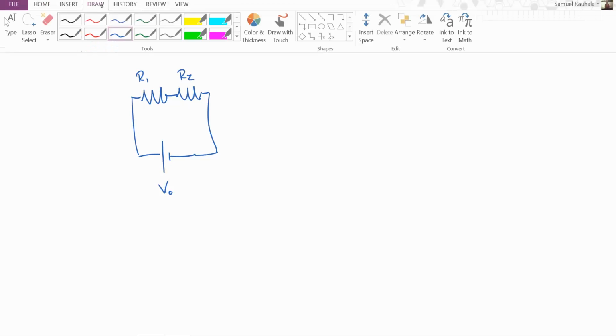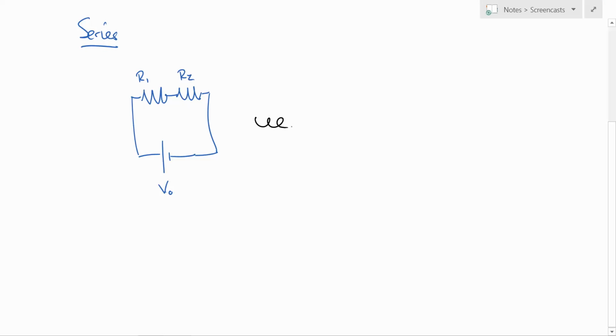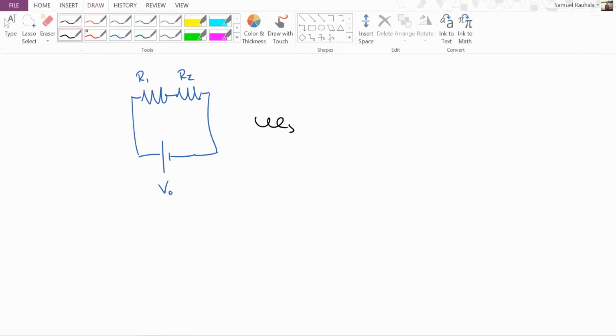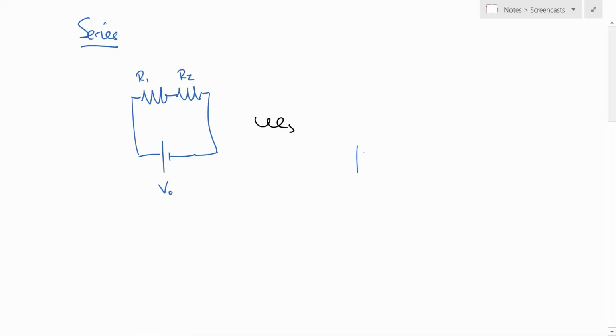And I claim that I can replace this by an equivalent circuit. This equivalent circuit still has my battery V0, but it has instead this new equivalent resistor, and that is what REQ is standing for. So what I'm saying is basically that I'm replacing the contents of this black box with the contents of this one, and that I can't tell the difference.